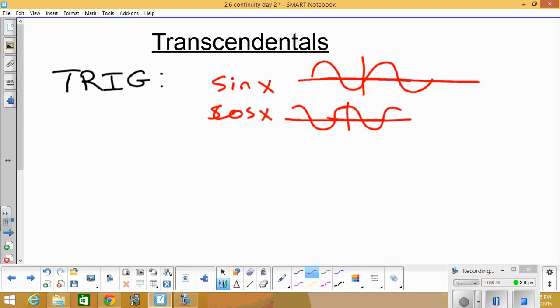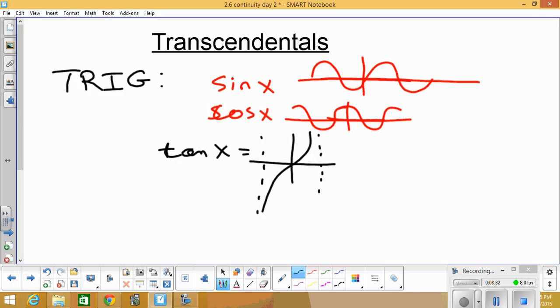Now the rest of the trig functions, remember there's 6, so the other 4 trig functions are continuous for their domain. Meaning, remember there are points of undefined for tangent. That is why it graphs like this. And at pi over 2 and -pi/2 it's undefined. So it has some vertical asymptotes there, and same with the other 3 functions beyond that.